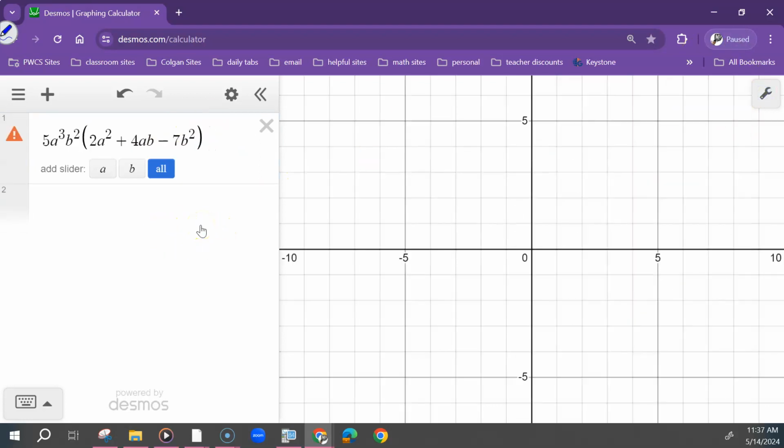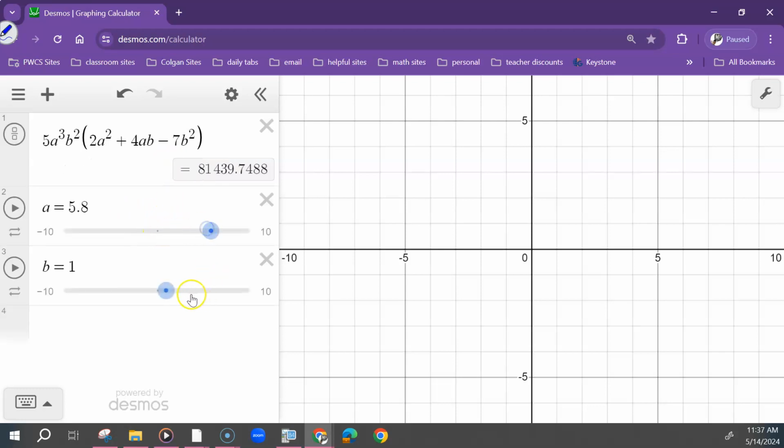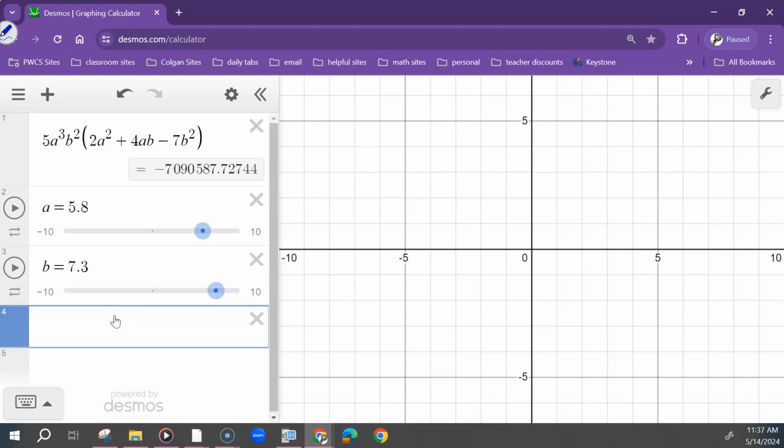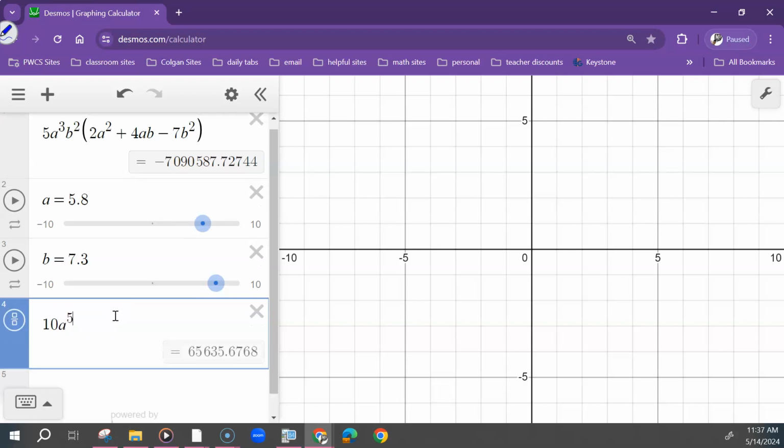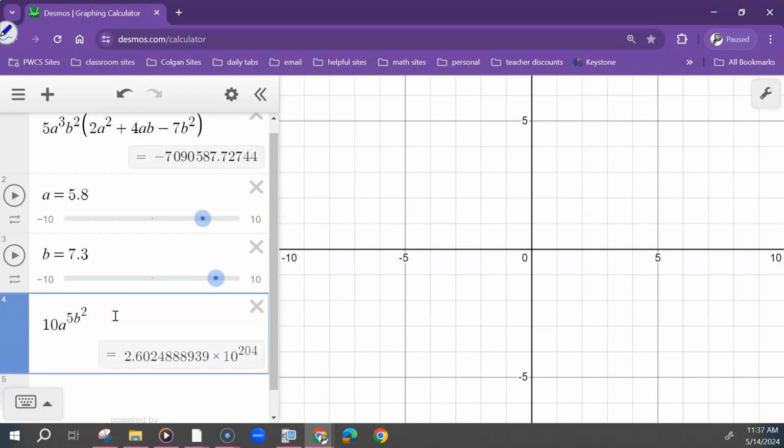Okay, so if I type in the original, add in all the sliders, change them to something positive, and then we said it was B. So I start typing in B. Oh, not like that.